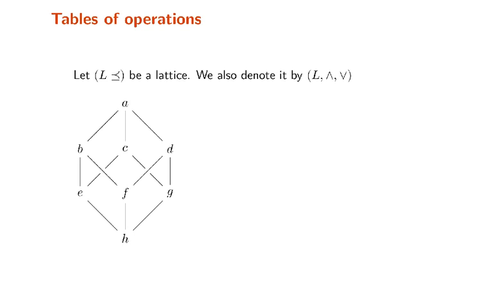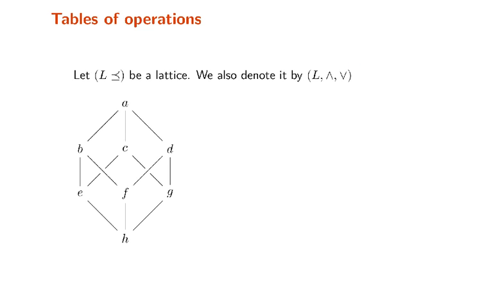We know that in a lattice we have a unique greatest lower bound and least upper bound between any two elements of the lattice. We have seen that this defines an operation that we called meet and join.